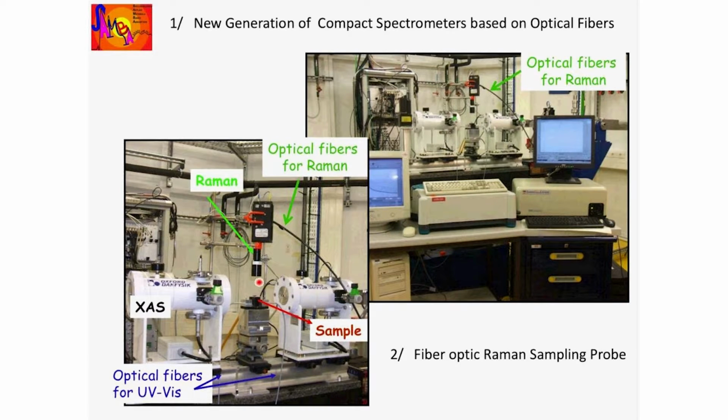The laser is incident on the sample through the Raman probe head. This Raman probe head hosts a single optical fiber for the laser excitation and another one for the collection of the scattered Raman signals.